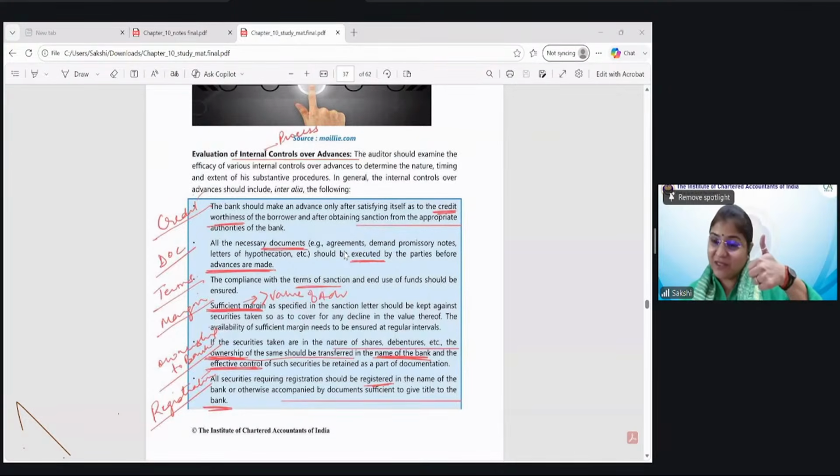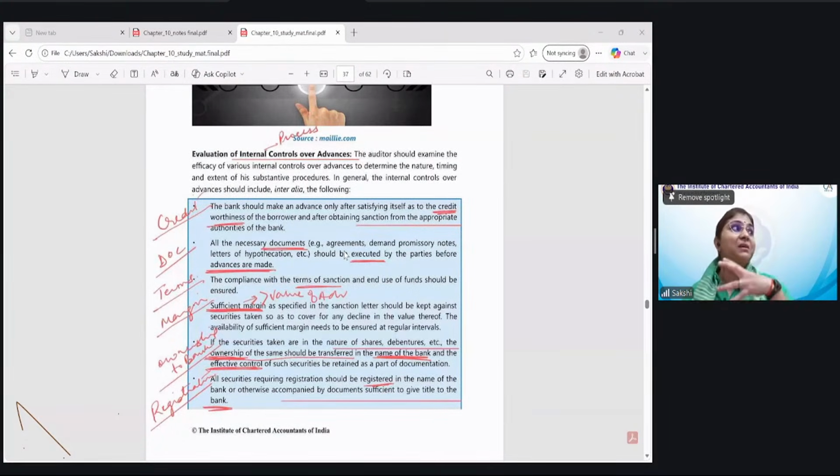Okay, first we've done how will he obtain evidences, isn't it? Then from where will he obtain evidences? And this is regarding the evaluation of internal control process. So it says that the auditor has to check whether the bank, while making advances, has satisfied itself regarding the creditworthiness of the borrower.